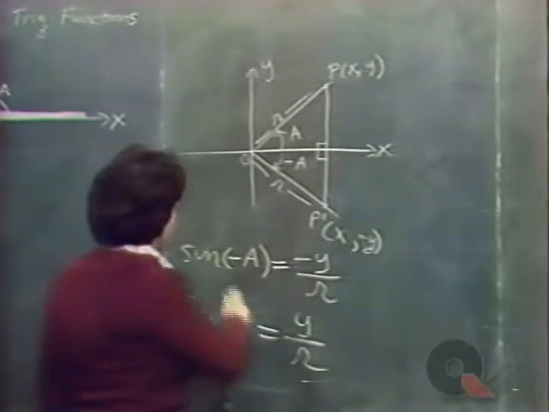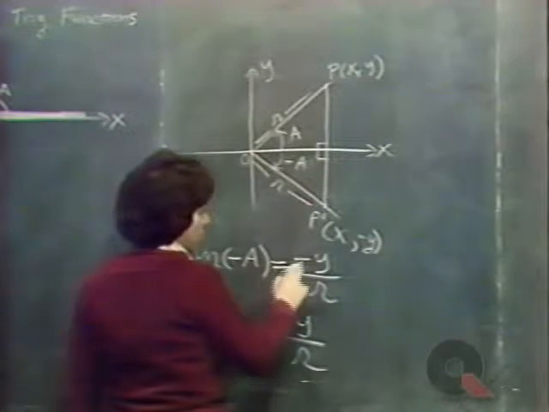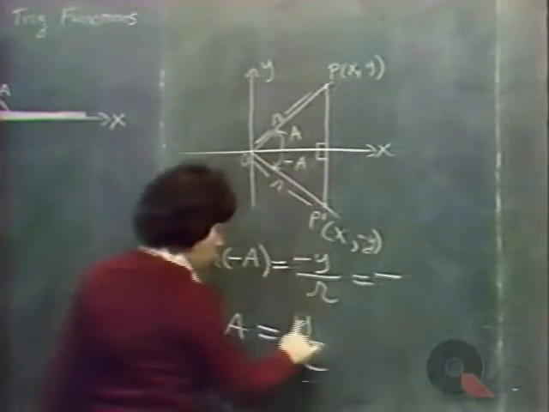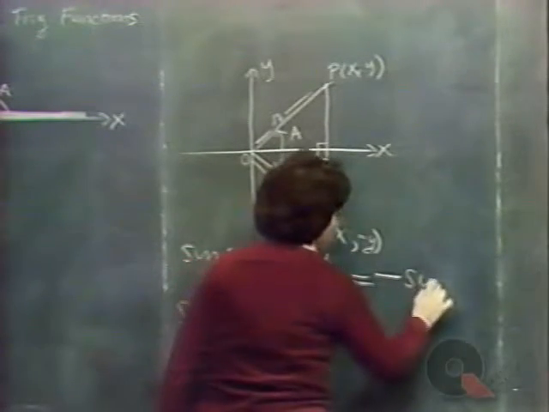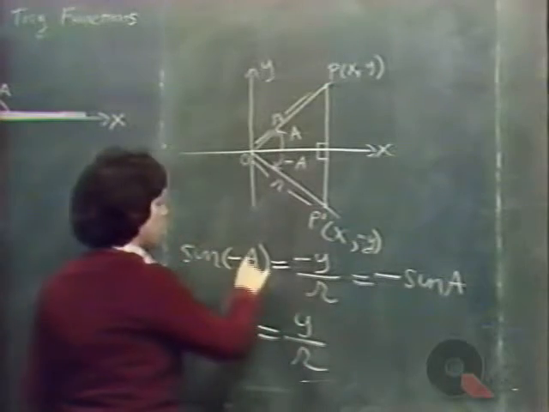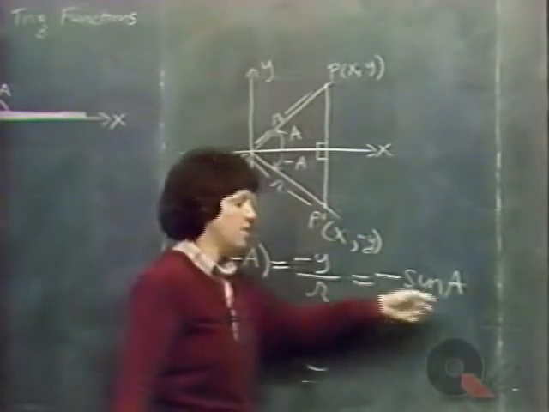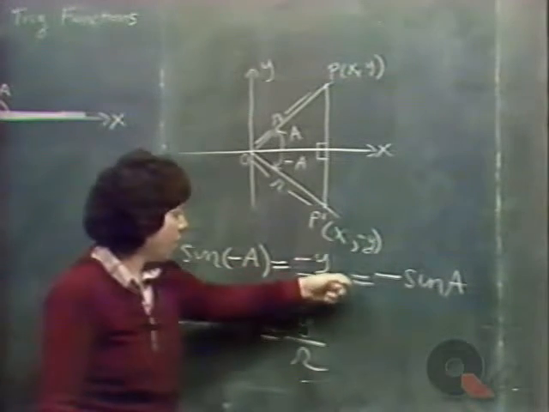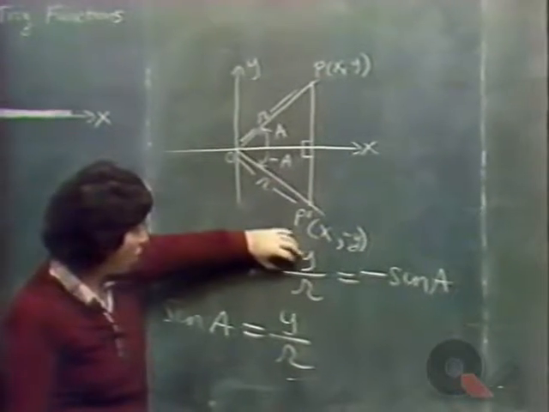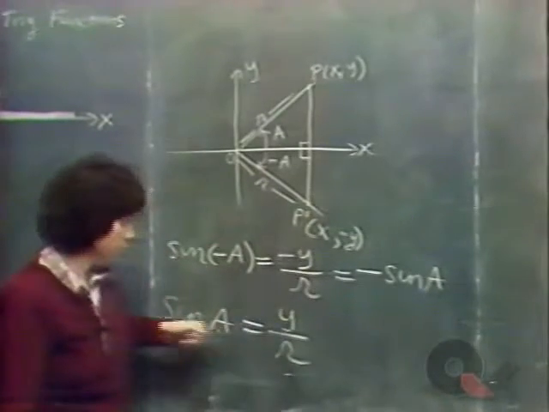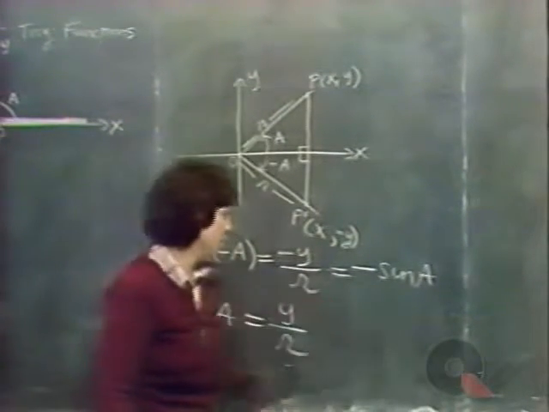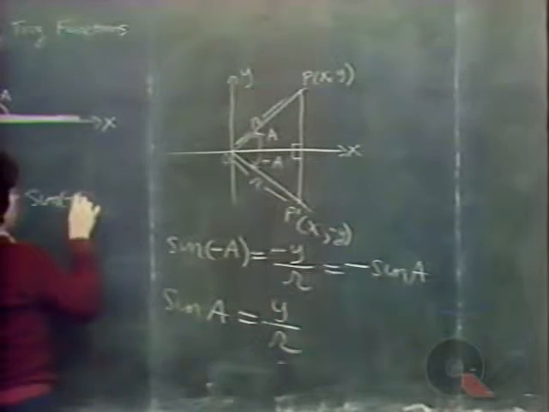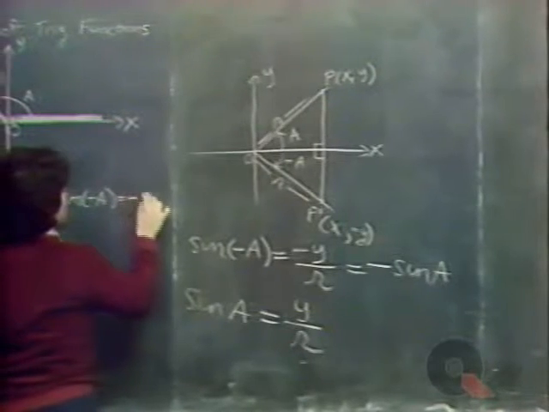Looking at this, the sine of minus A is minus y over r, but y over r is the sine of A. So the sine of minus A is minus the sine of A.